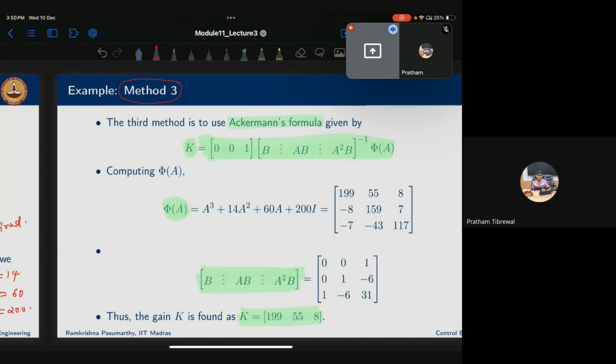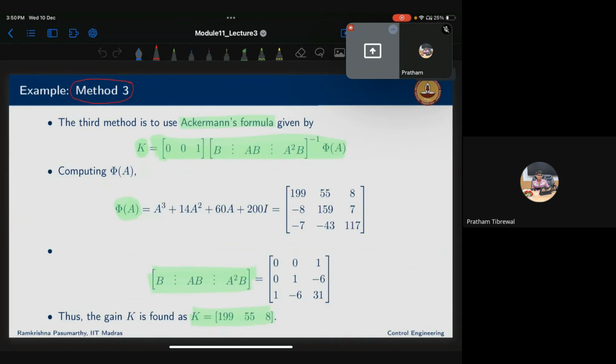Next, method 3. This is the Ackermann formula we got. What do you need here?